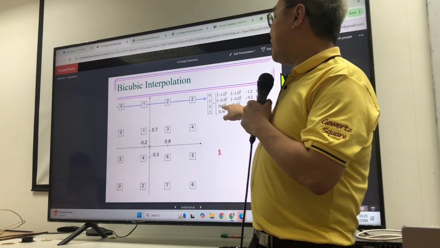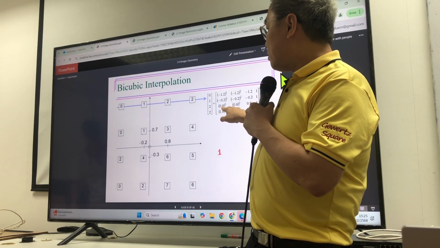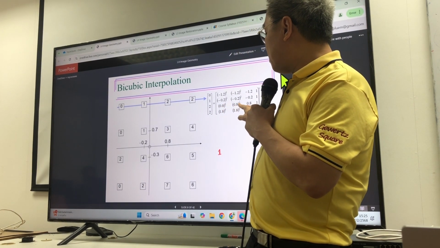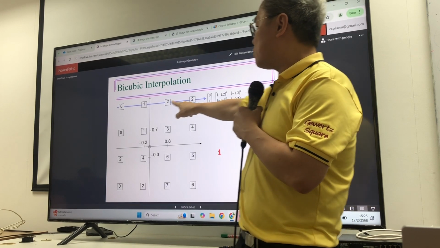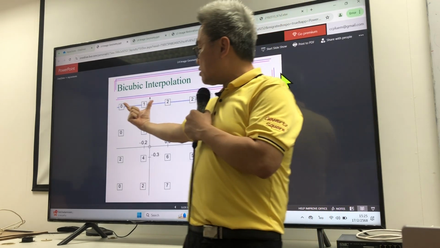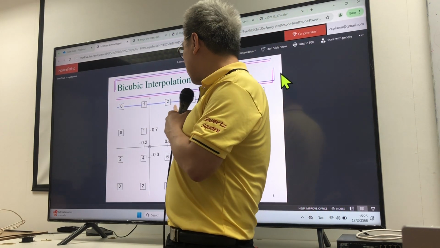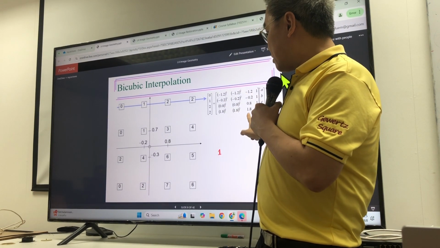And now you shift to this one. So this is a 0.8 cubed plus b 0.8 squared plus c 0.8 plus d times 1 equals 2. So this vector is just these values 0, 1, 2, 2. And in this one you vary the x, right?